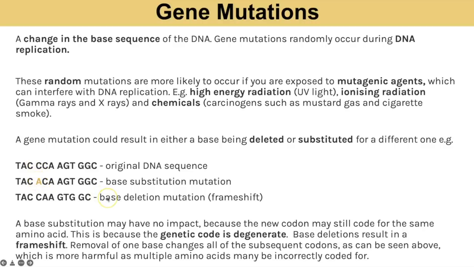This one is showing a deletion because that base C has now been deleted. And that's actually caused what we call a frame shift. Everything downstream of the mutation has shifted to the left. A base mutation, though, might have no impact at all because the new codon may still code for the same amino acid, and that's because the genetic code is degenerate.